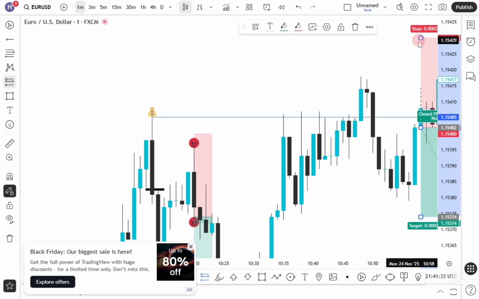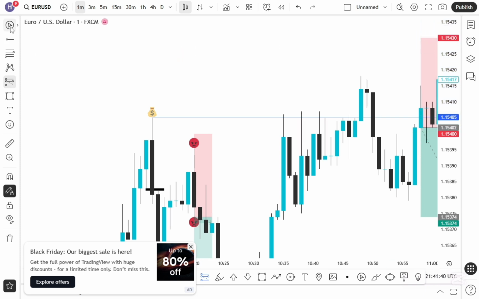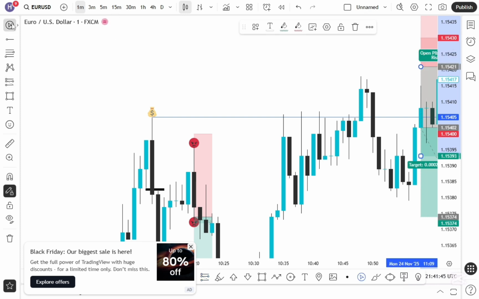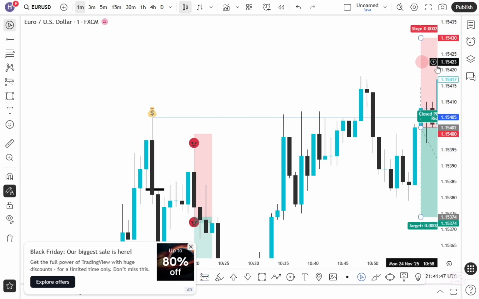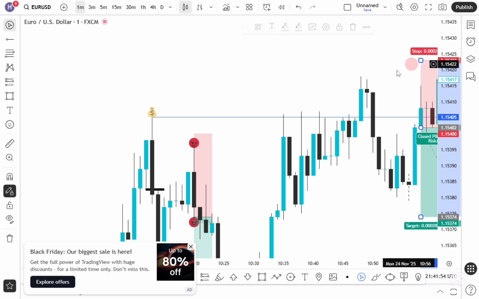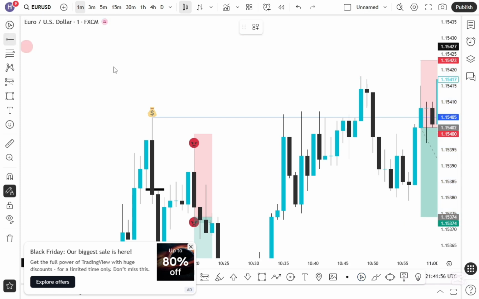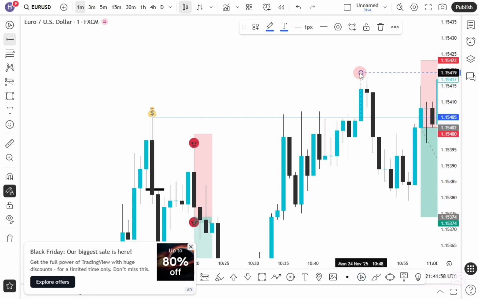So this is going to be our stop loss. Don't forget, up here. So this is going to be our stop loss.